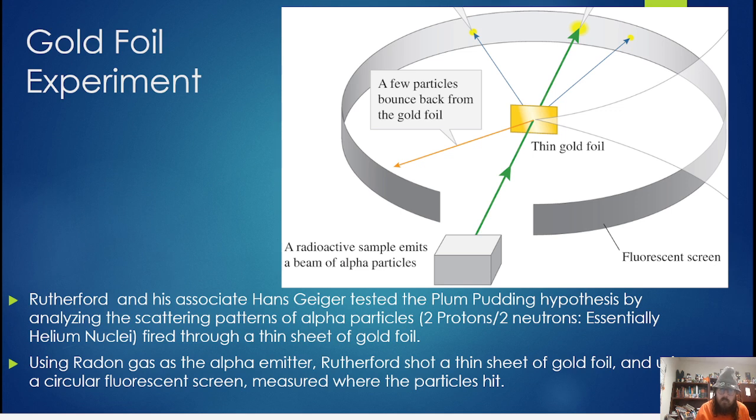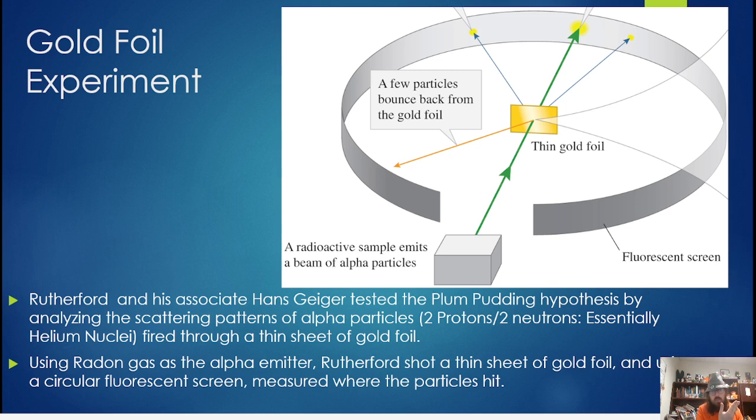Now, the idea being that gold foil could be pounded extremely thin, so there'd be less space, and we need to be able to penetrate it with the alpha particles. Alpha particles can be blocked by the thickness of your skin.